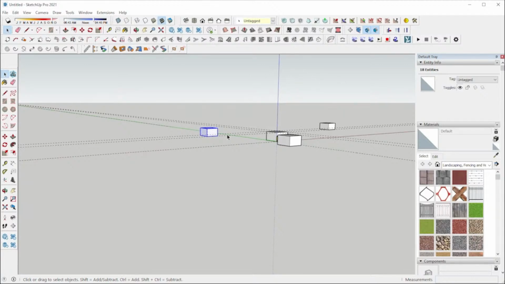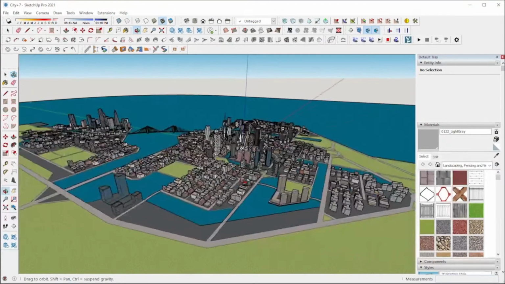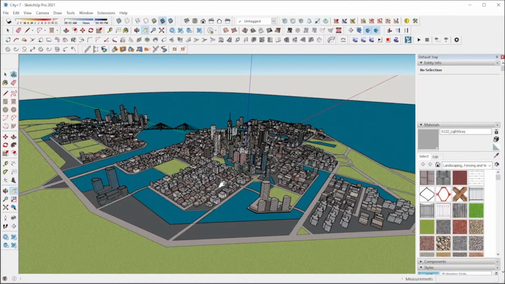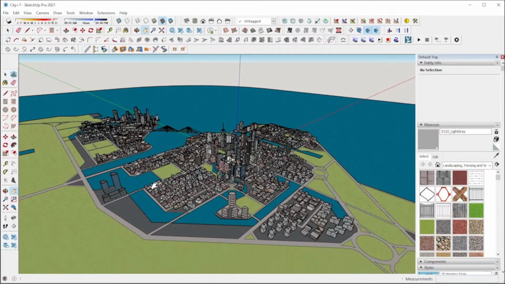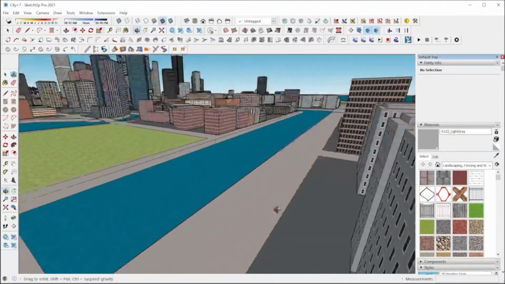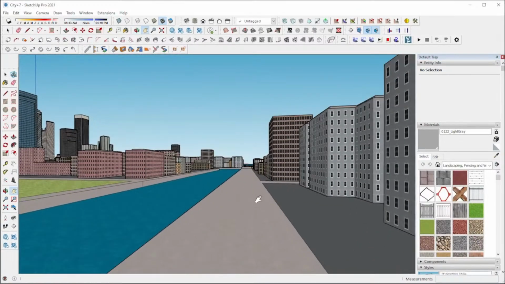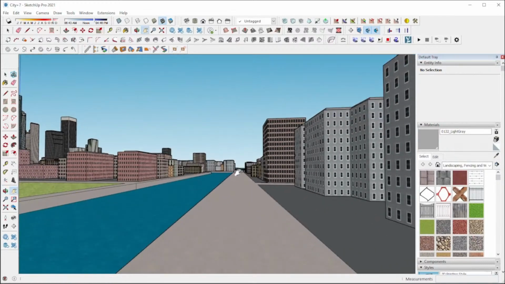Let me show it in another example. Here this is a modeled city. Also here you can see, for example, if I stay on this street, I can feel that point. The lines for the streets are parallel and they meet each other at that point.